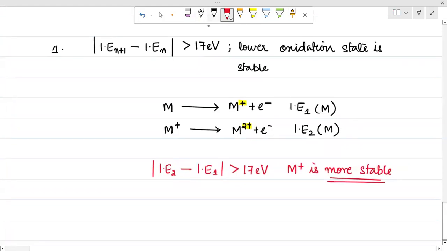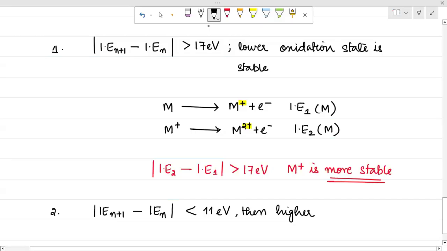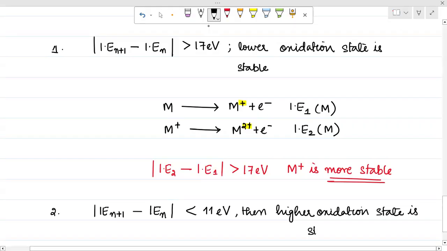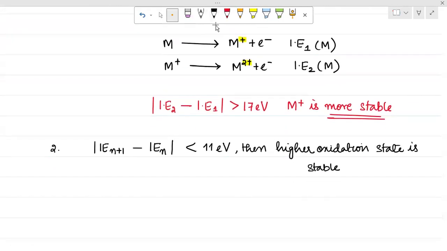Okay. Second case, if the modulus of IE N plus 1 minus IE N is less than 11 electron volts, then higher oxidation state is stable. For example, let's take the same scenario.